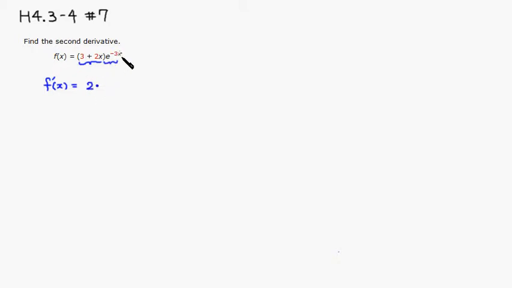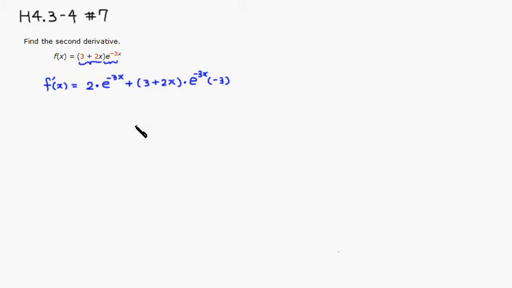Times the second guy, e to the negative 3x, plus the first guy, quantity 3 plus 2x, times the derivative of the second guy, which is e to the negative 3x multiplied by the derivative of negative 3x, which is negative 3.